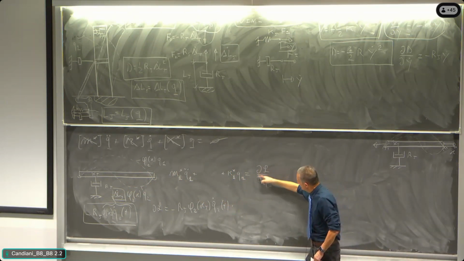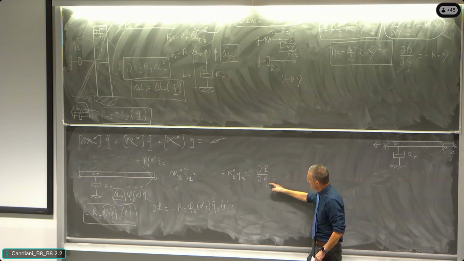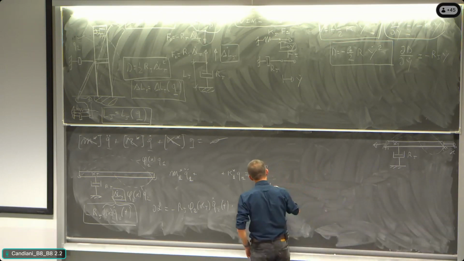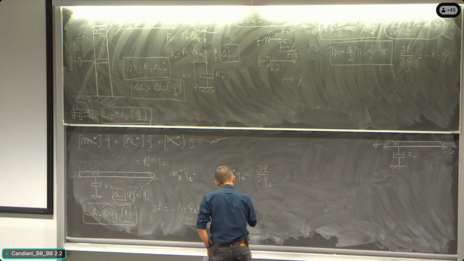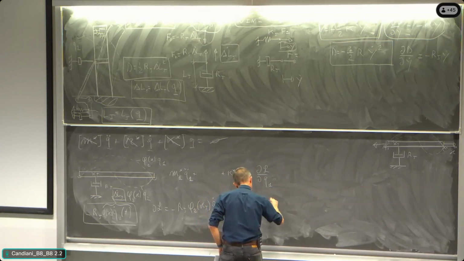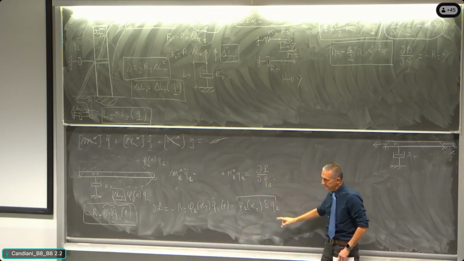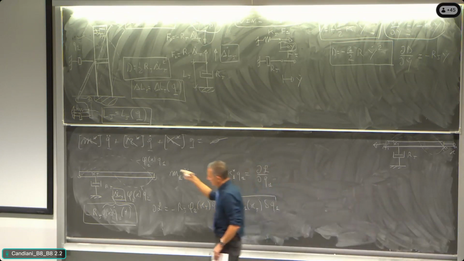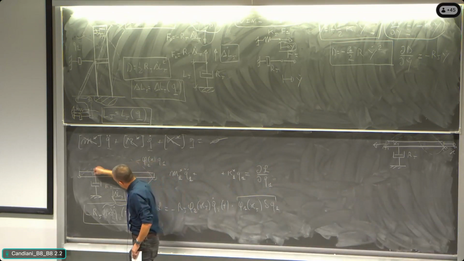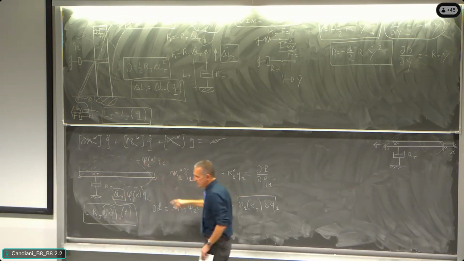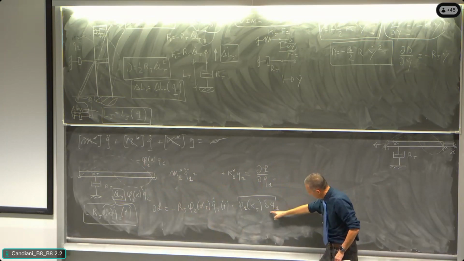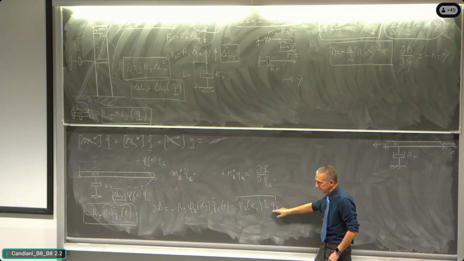So in order to write the work associated to a virtual displacement of the first coordinate, I have to say that the virtual displacement of the first coordinate is phi1 function of xj multiplied by delta q1. So this object here is the virtual displacement at the location of the damper associated to the first mode of vibration due to the infinitesimal variation of the principal coordinate q1.